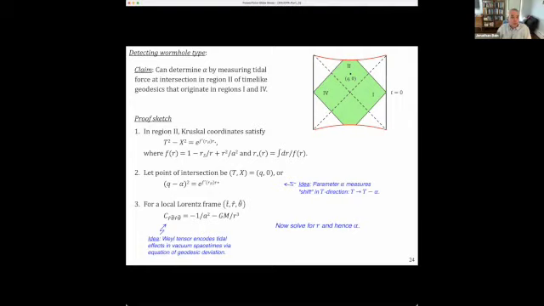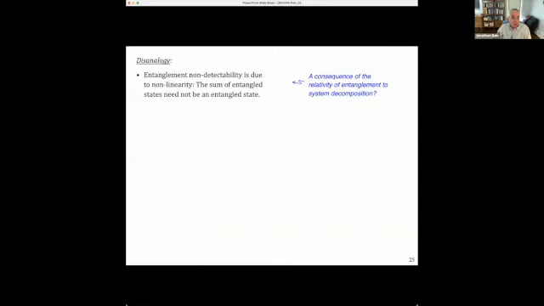Now, how strong is the analogy? Here are at least 2 disanalogies we should be aware of. The first is that, in general, entanglement non-detectability seems to be due to nonlinearity: the idea that the sum of 2 entangled states need not be an entangled state, and hence any naive operator that represents entanglement cannot be linear.